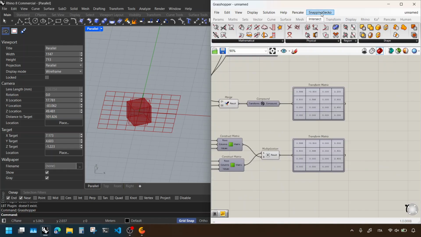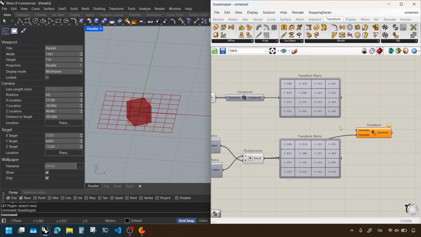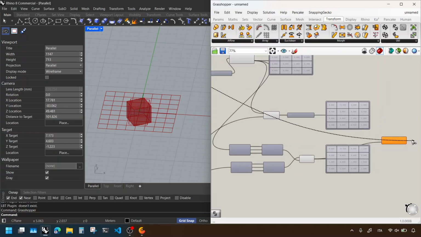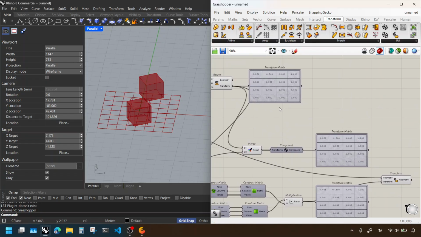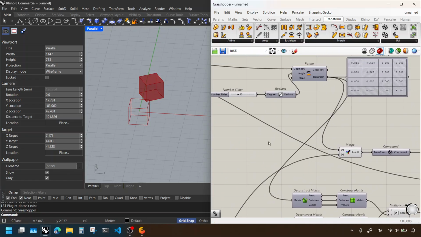We could just take this transform like this, okay, and put in the transform. Either this one or that one will be exactly the same. Okay, let's use the one at the bottom. Why not? And then the geometry is just the original geometry. Drop it in there. Let's hide the component, and indeed we get rotation first.